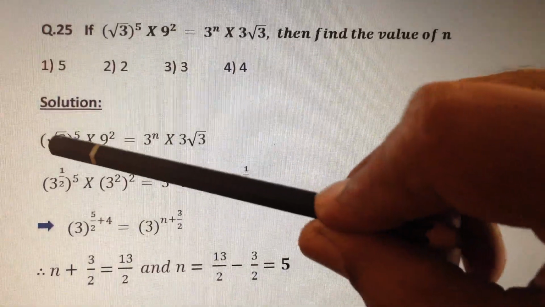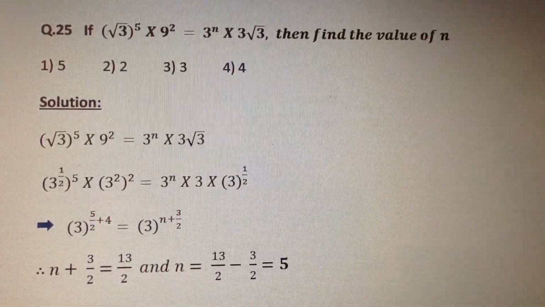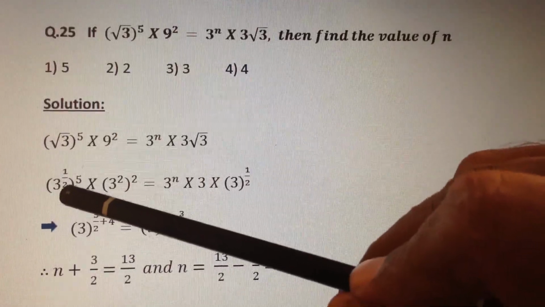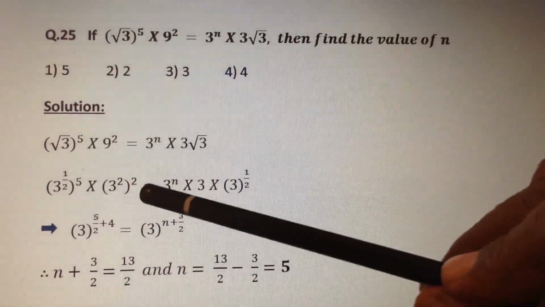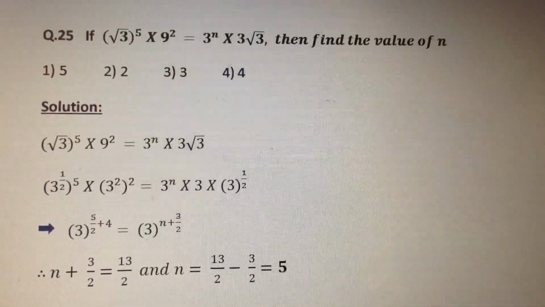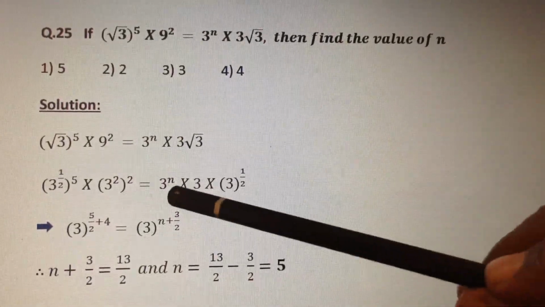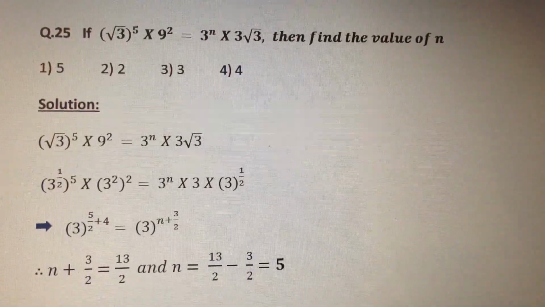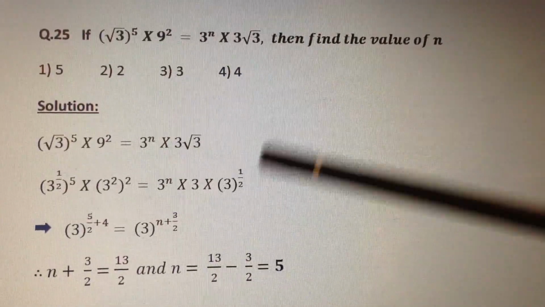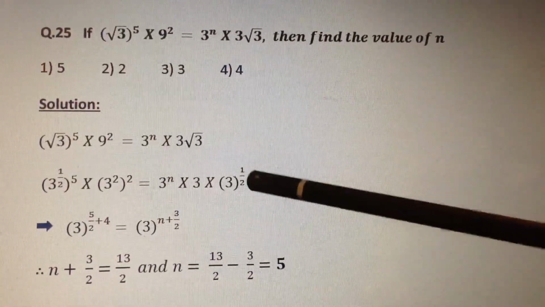Root 3 can be written as 3 power 1 by 2. Therefore 3 power 1 by 2 whole power 5 into 3 square whole power square is equal to 3 power n into 3 into 3 power 1 by 2, because 3 root 3 can be written as 3 into 3 power 1 by 2.